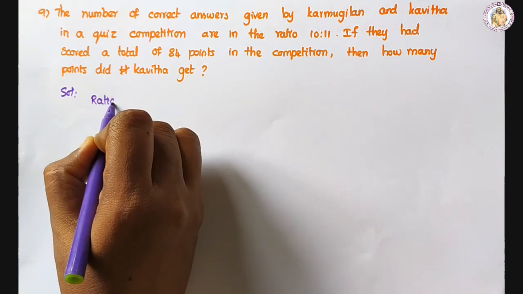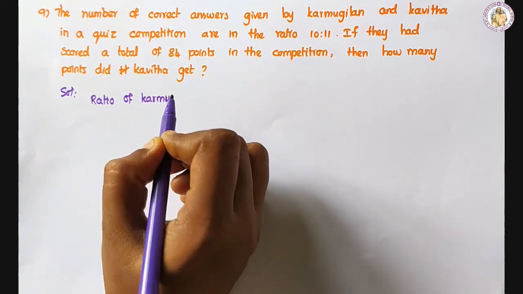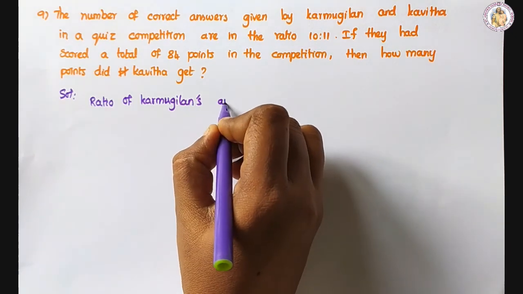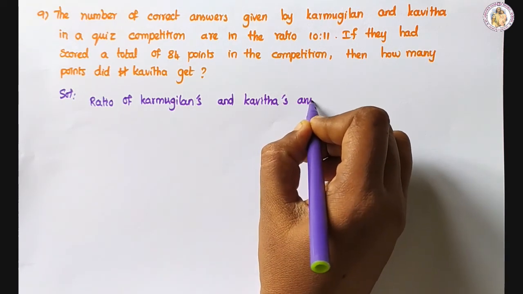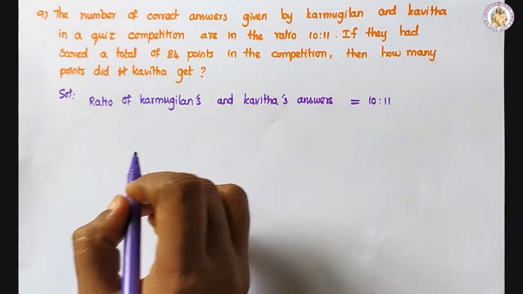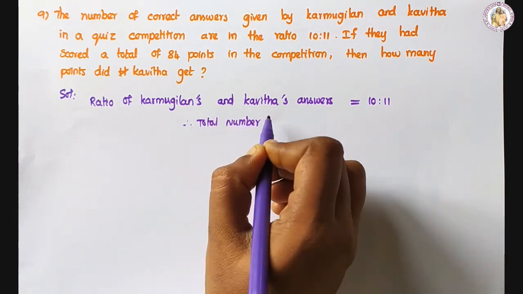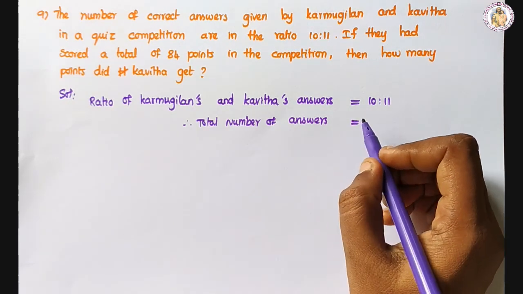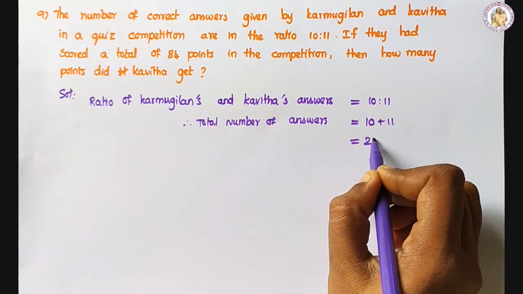First, they gave the ratio of Karmukilan's and Kavita's answers equal to 10:11. Therefore, total number of answers is how much? Karmukilan 10 and Kavita 11. So, totally 21 answers.